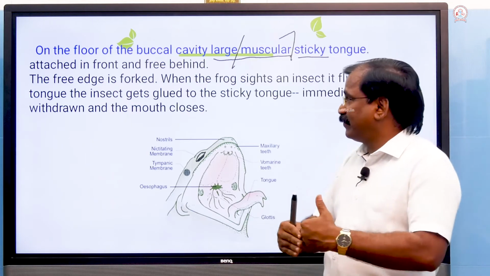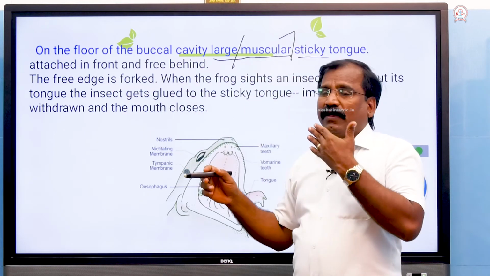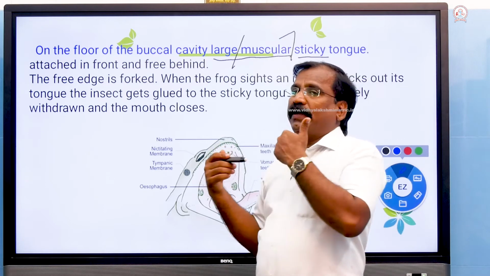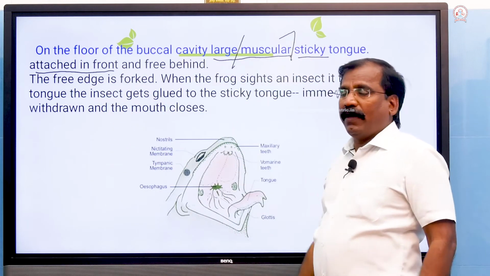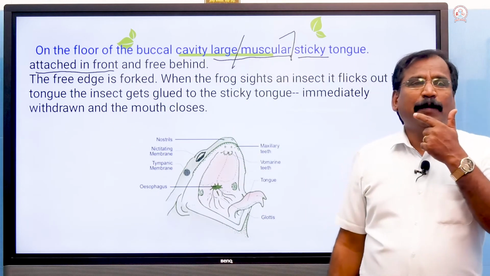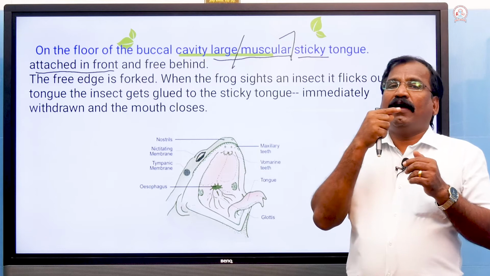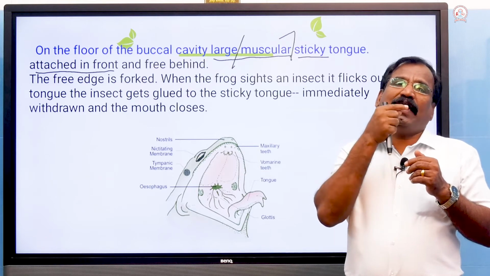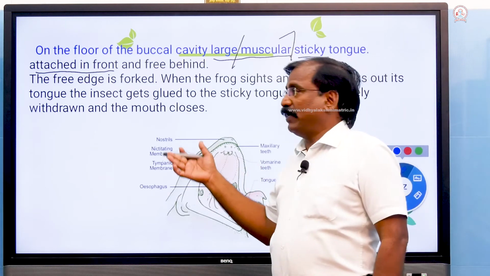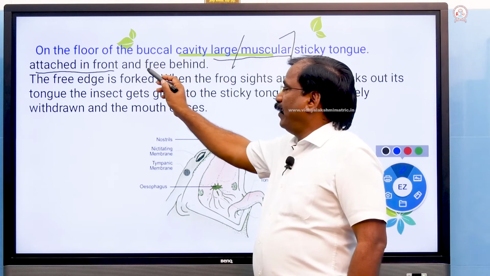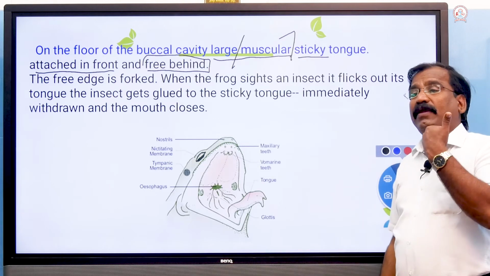But here it's just the reverse. The anterior, front end is attached to the base of the buccal cavity, whereas the posterior end is free, that means the back side is free.